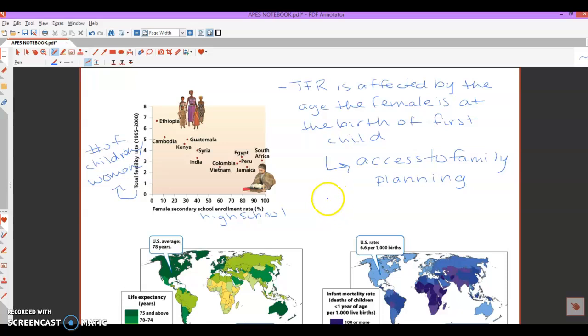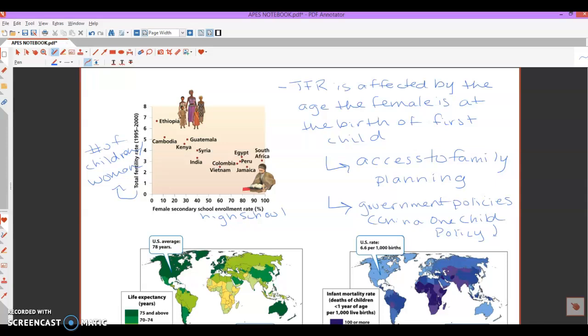Also, things that are going to lower the total fertility rate are government policies. One country successfully implemented something like this, and this was China. China had the one-child policy because their population growth was exploding.